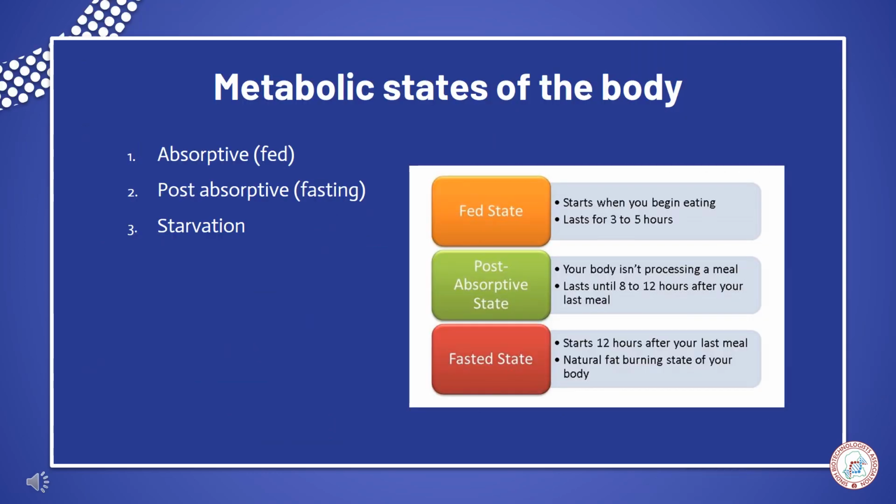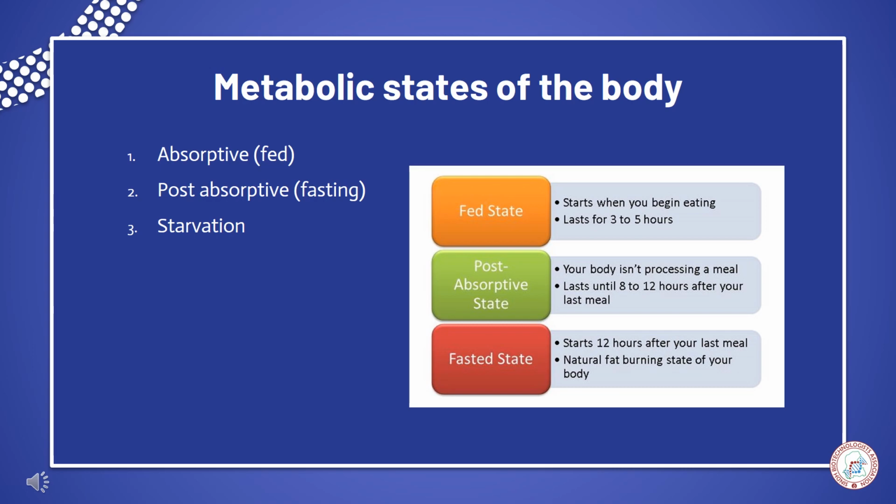There are different metabolic states present inside our body. Basically, there are 3 different metabolic states. One is the absorptive or well-fed state, second is the post-absorptive state, also known as fasting, and lastly, starvation. The well-fed state lasts for about 3 to 5 hours after we eat food, when we have enough glucose present in the blood.